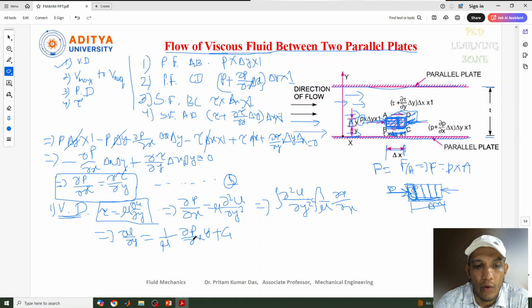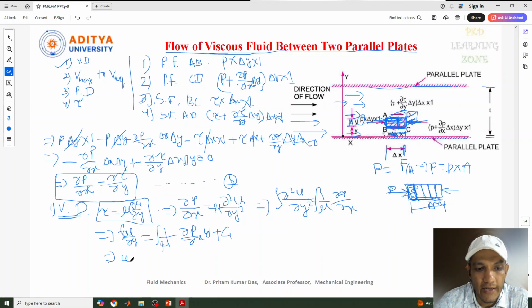Okay, now again one more integration will do here. Why I'm doing the multiple integration? Because I want to convert this equation in terms of u, a simple terms.